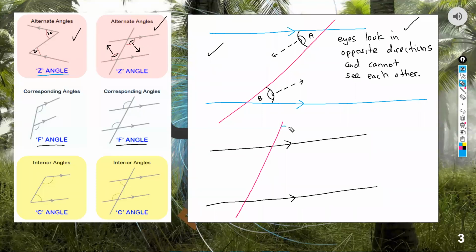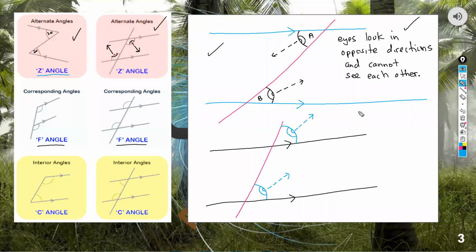Let me draw an eye over here, and an eye over here. So there's an angle here, and an angle here. I'm going to put in little eyeballs. This eye is looking this way, and this eye is looking this way.